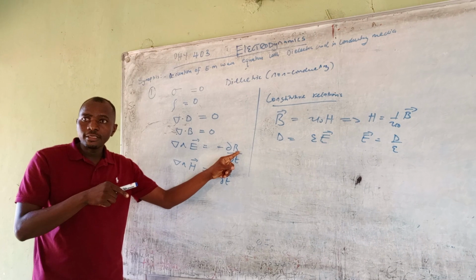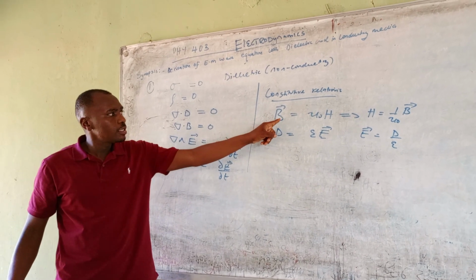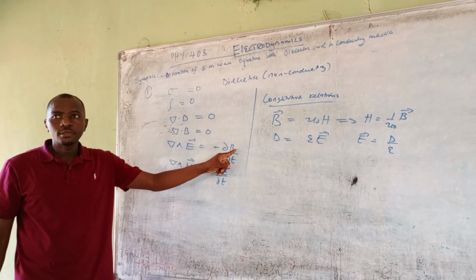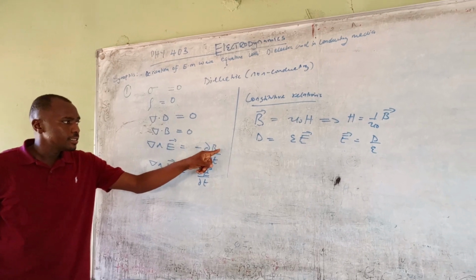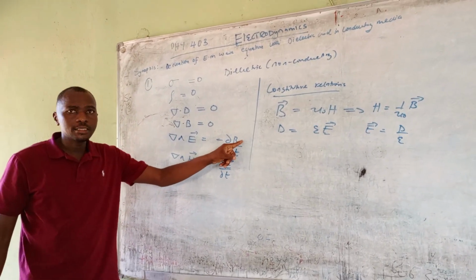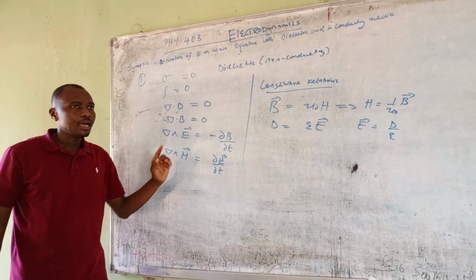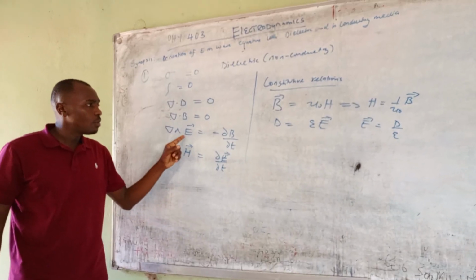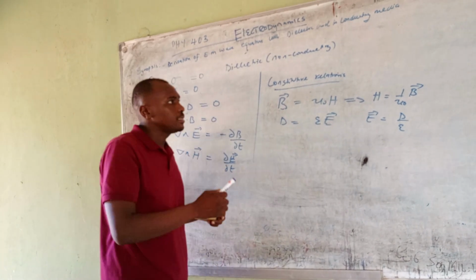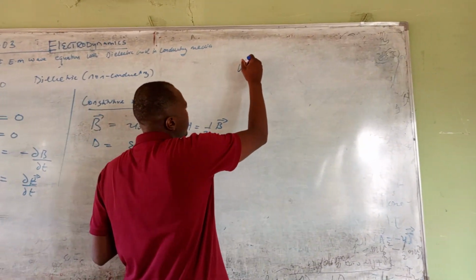B, isn't it? Yes. If I put in my constitutive relation for B, I will have H. Then I have to eliminate H by using the fourth equation, and I will slot it back and get my wave equation in terms of E. So let's see here, please. Wave equation.